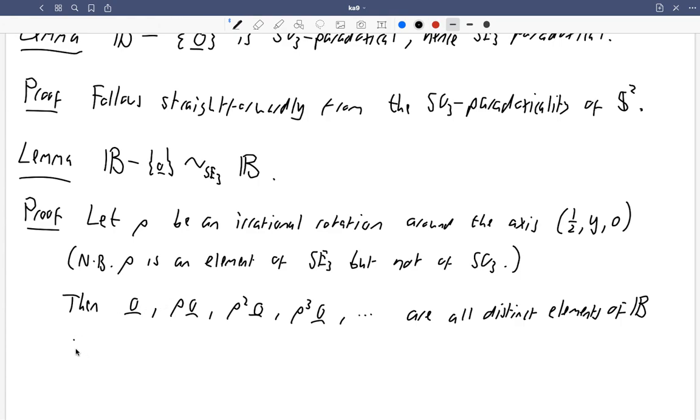So we're going to define Z star to be the countable set of all rotations of the origin by some finite number of applications of rho.